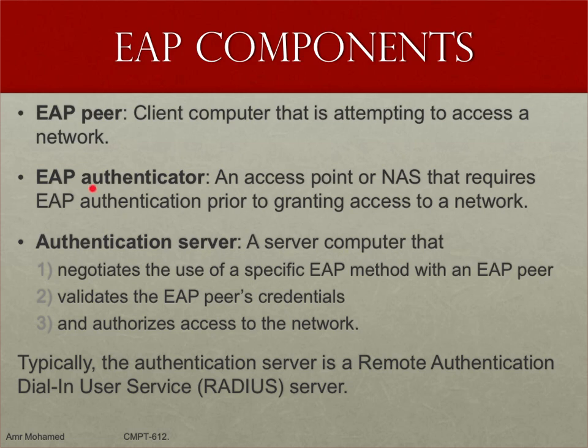And there is the EAP authenticator. The EAP authenticator is actually the switch or the access point, which acts as an entry point. This particular entry point on its own may not have the authentication protocol running. It only facilitates the authentication process, but it actually has to connect to another server in the backbone network to start exchanging the authentication messages. We'll see graphically how it looks.